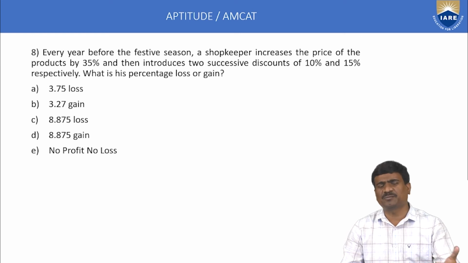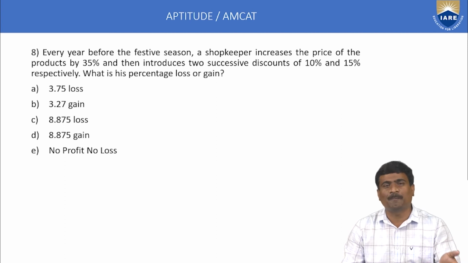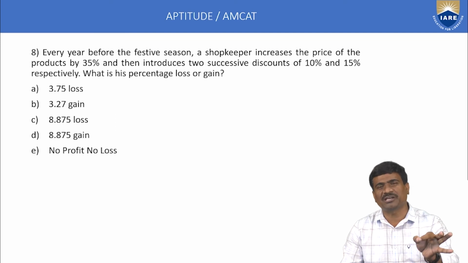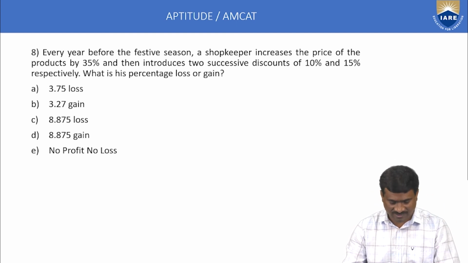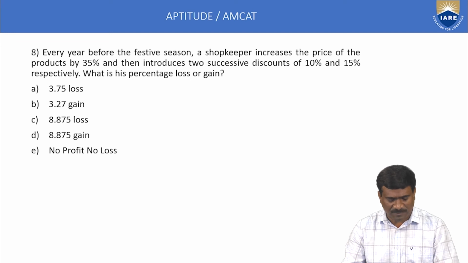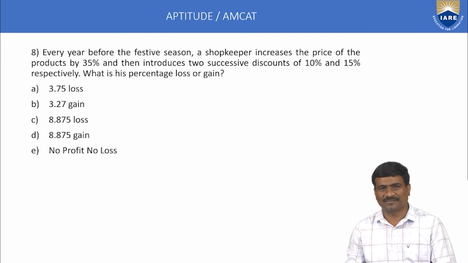This belongs to the profit and loss concept, but two discounts are given. Apply the discount principle: discounts are always applicable only on the marked price, also called MRP, label price or list price. A 3.75 loss, B 3.27 gain, C 8.875 loss, D 8.875 gain, E no profit and no loss.